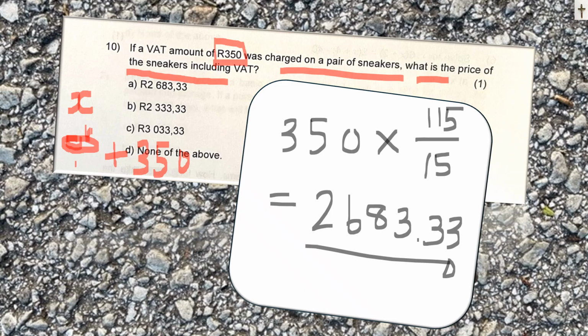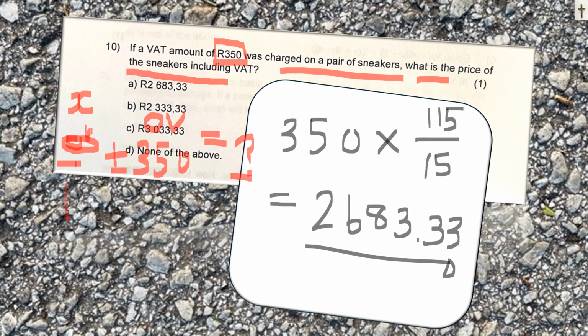They're saying including VAT. If a VAT amount of 350 Rand was charged on a pair of sneakers, the VAT amount, output VAT 350, what is the price of the sneakers including the VAT? So we want to know the tacky plus the VAT, what is the selling price including VAT?